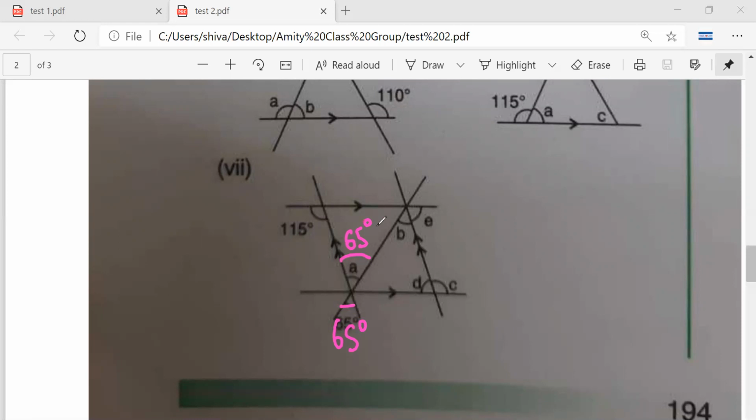Okay. Now let us move to the next. This line and this line are parallel. Therefore, this angle would be... any idea? So I think 65 only. 65 only. Mr. Sarthak, any doubt?